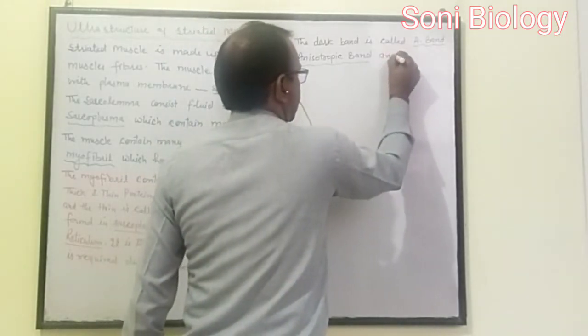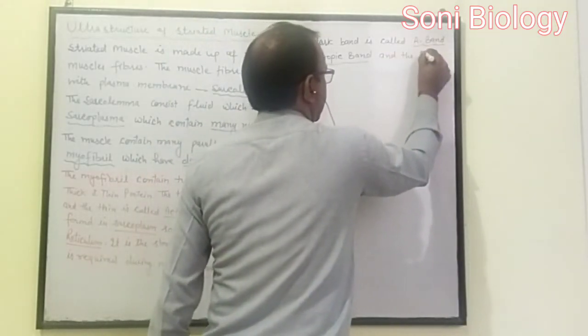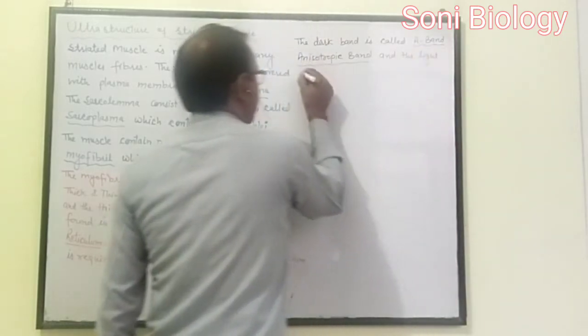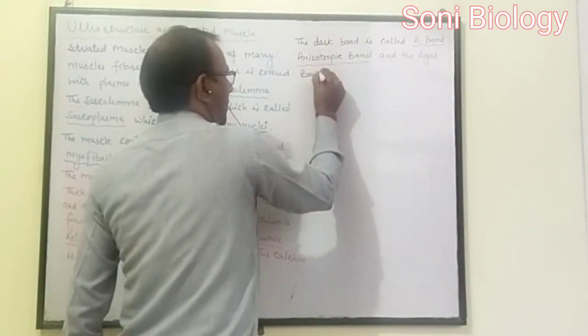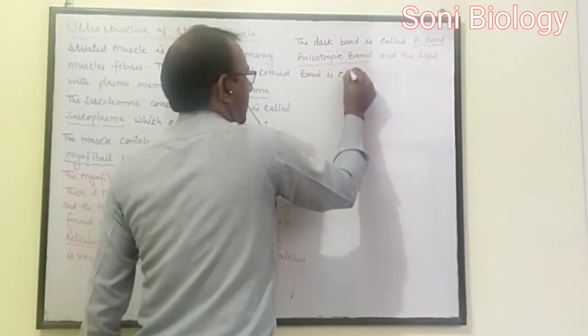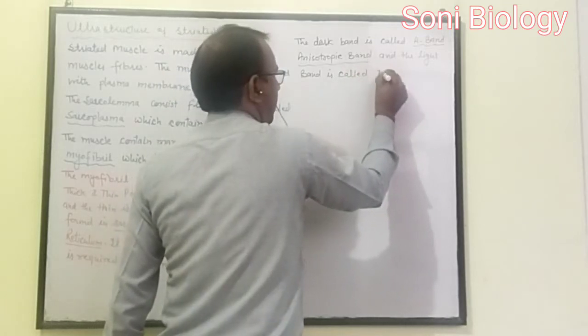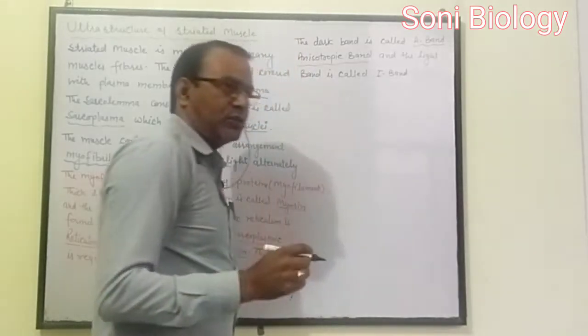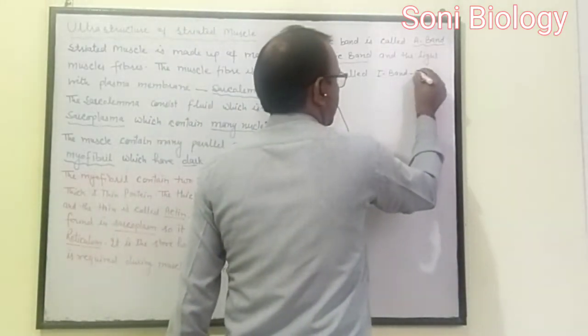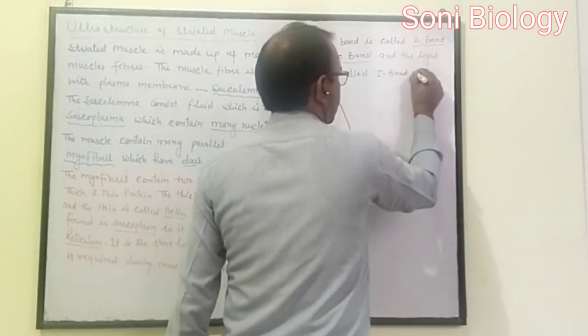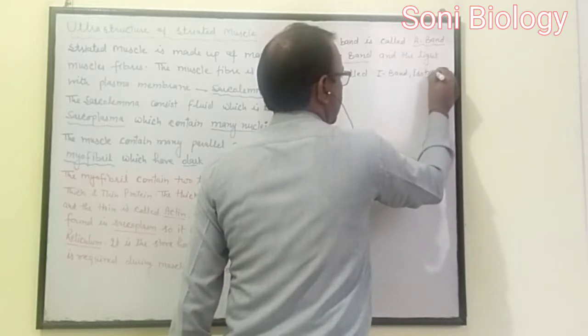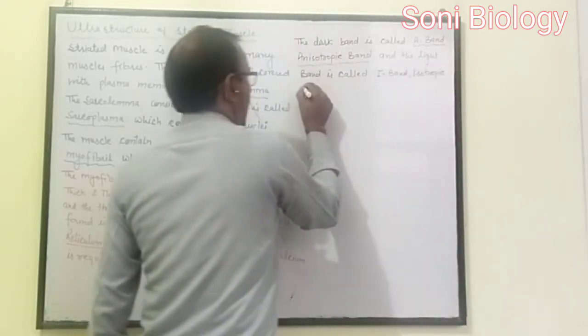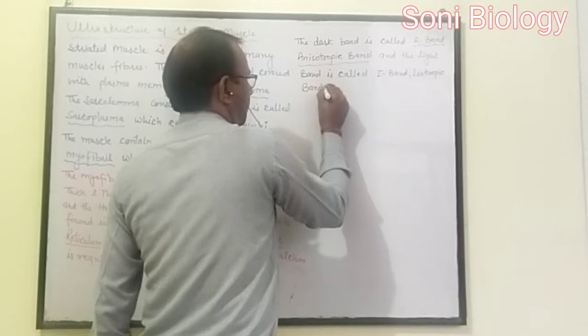And the light band is called the I band. I band stands for isotropic band.